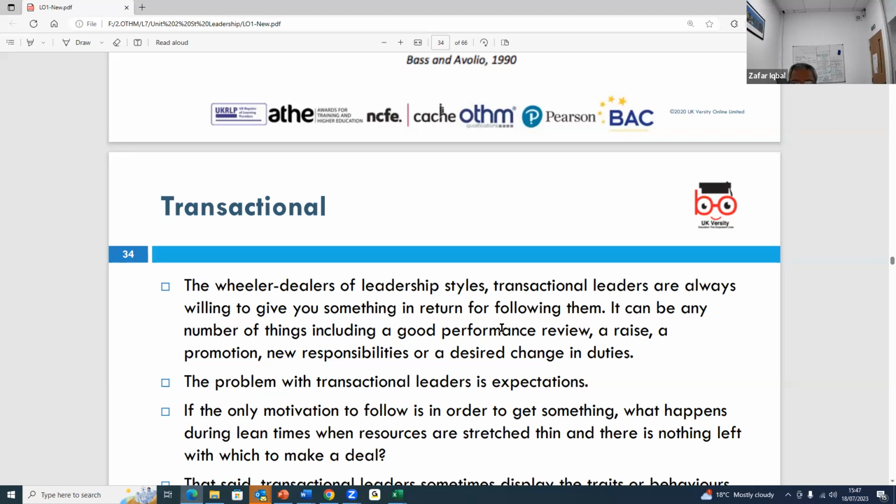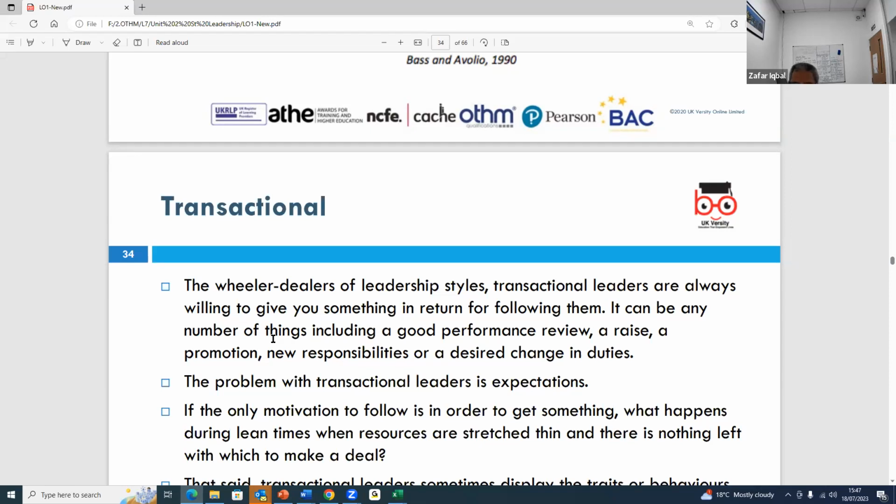People follow this leadership style because they get new responsibilities, a promotion, for example, or they desire a change in duties.